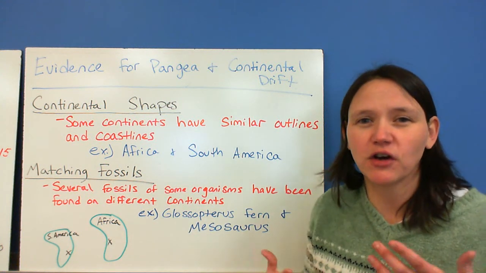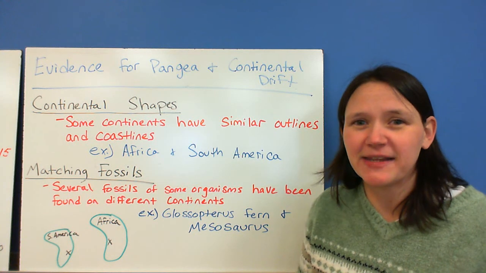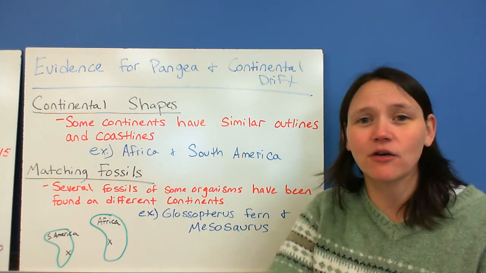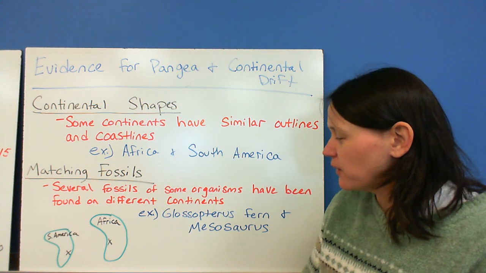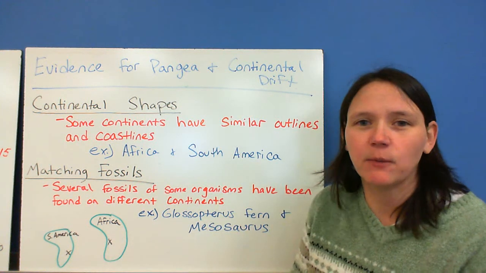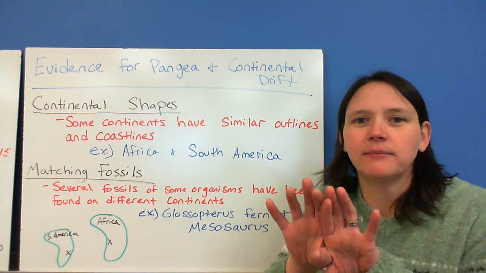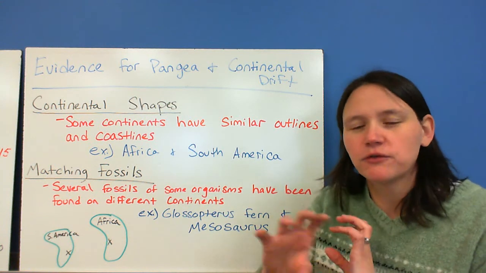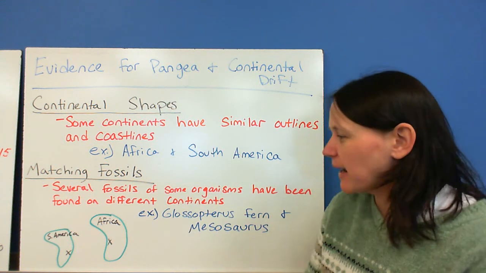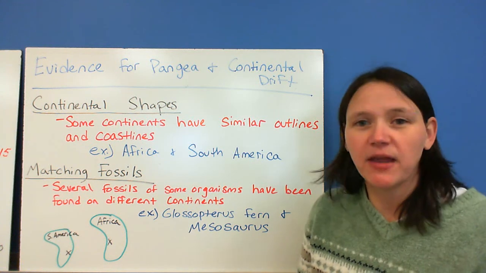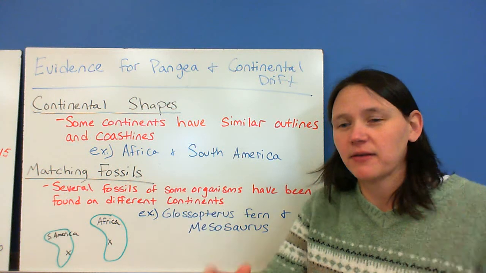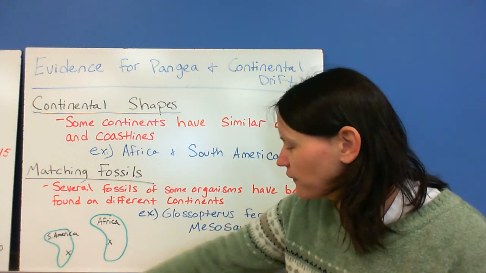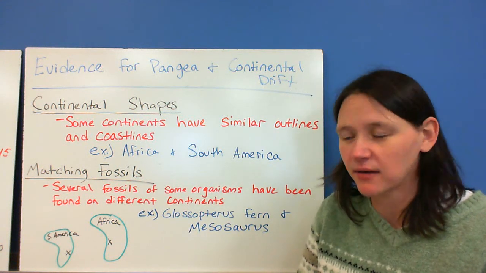Now you think about a fern, it's a plant. There's no way that that could have made it across the entire ocean. So, along with Wegener's theory, is that they were connected at one time, and during that time, those organisms could easily transfer back and forth. Then they became extinct, they fossilized, and the plates and the continents have drifted apart, and now we have these fossils on two very different continents.